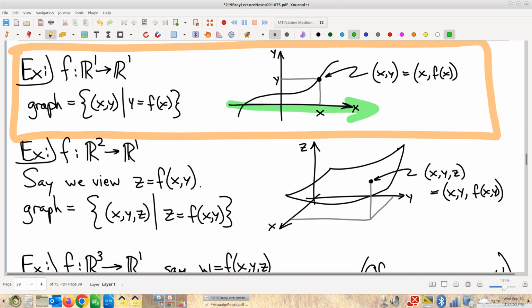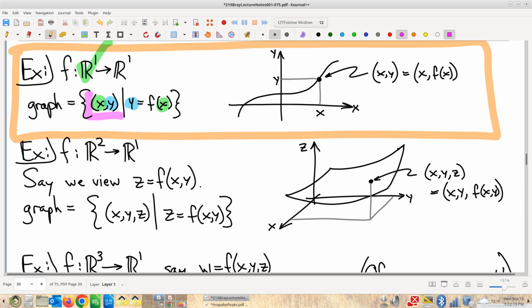Think of the x-axis here as kind of being the domain, in some sense, right? And for every one of those input values that comes out of the domain, you plug into the function, you see what comes out, right? So that goes into the function. What comes out is y. And then you kind of smash those together, right?